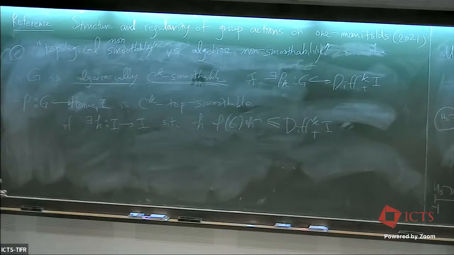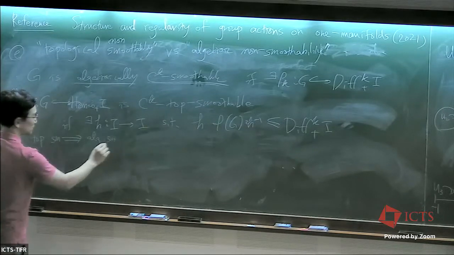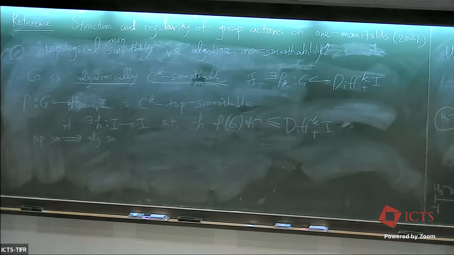So, right, topological smoothability trivially implies algebraic smoothability, or algebraic non-smoothability implies topological non-smoothability.